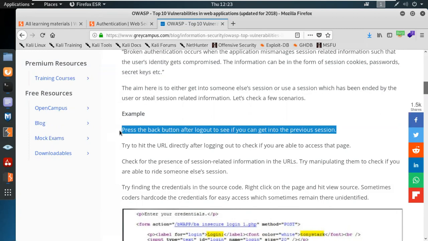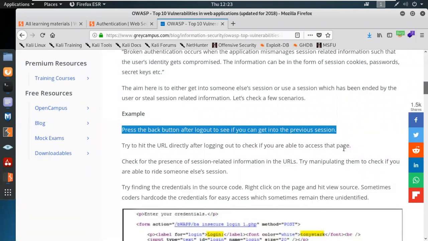If you get the session-related data, then it could be known as broken authentication. Sometimes an attacker can simply change the page or try to hit the URL directly after logging out, to see if they can access the page or not.